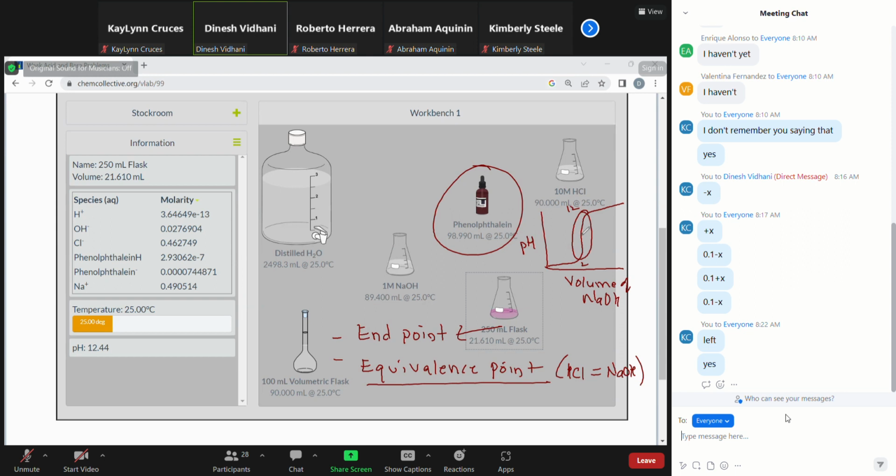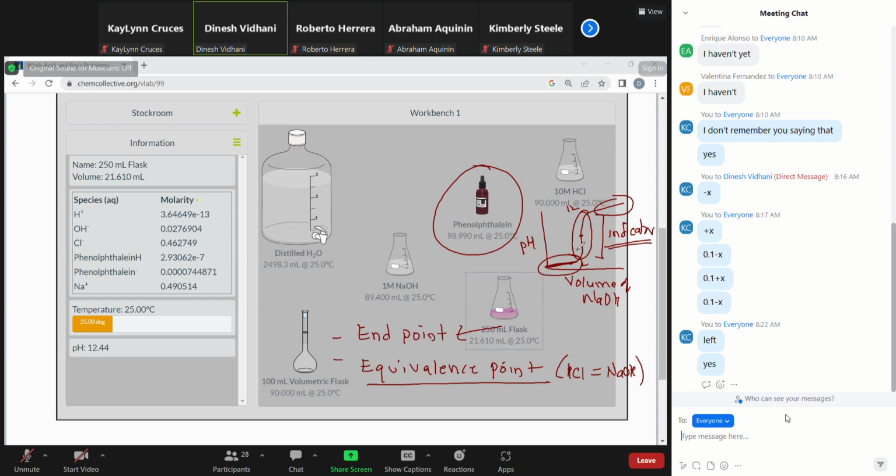And your endpoint, equivalence point, was in between, right? So guys, keep in mind, equivalence point is in between that sharp rise, number one. And where do you want your indicator to change its color? You want your indicator to change its color in this sharp region. You don't want it to change in the shallow regions. Why? Because the change in pH is not much.